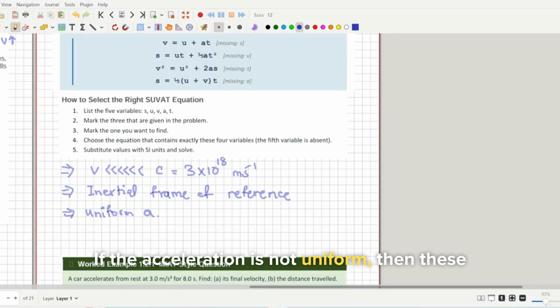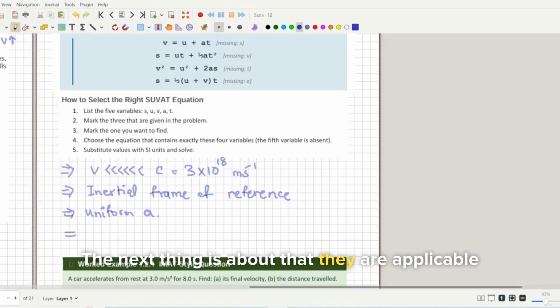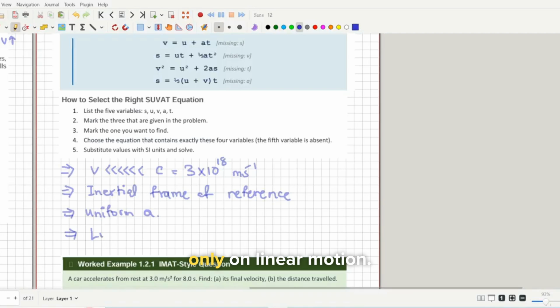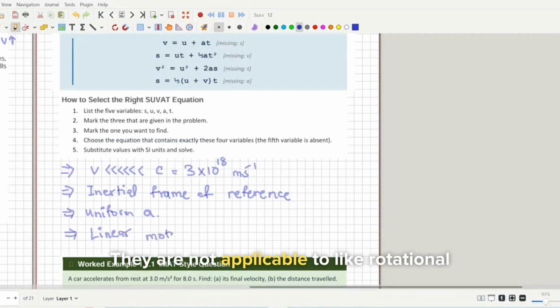If the acceleration is not uniform, then these equations will not be applicable at all. The next thing is that they are applicable only to linear motion. They are not applicable to rotational motion or simple harmonic motion. They are only applicable for linear motion.